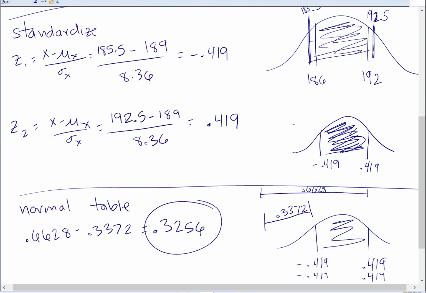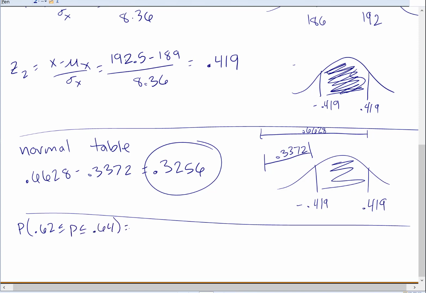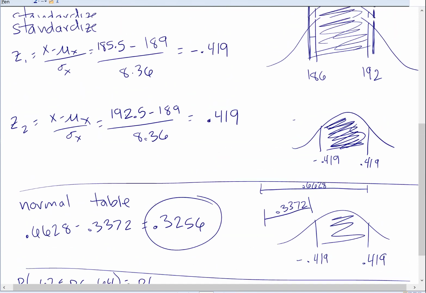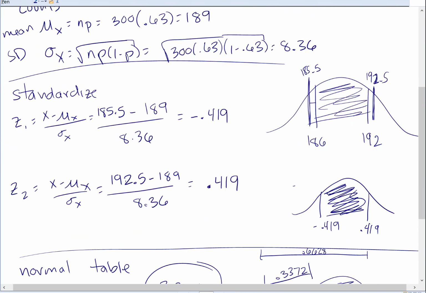So if I was to write that out, my final answer would be the probability that p hat was between 0.62 and 0.64. Well, I switched that to counts. So it's the probability that we're between 186 and 192.